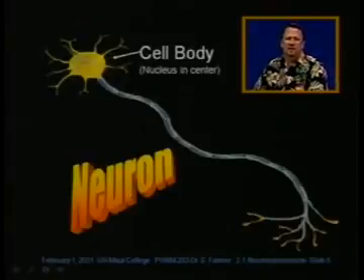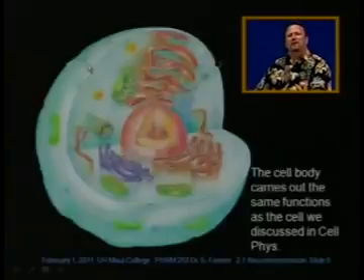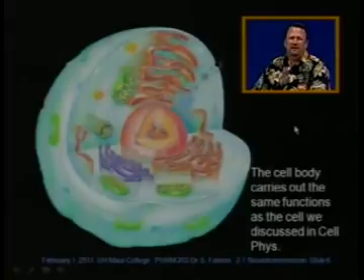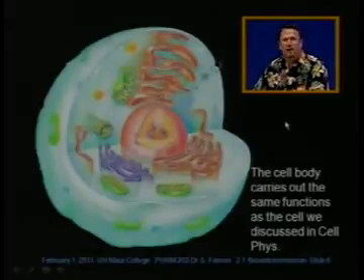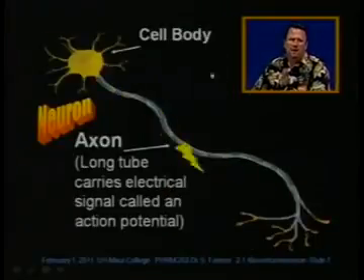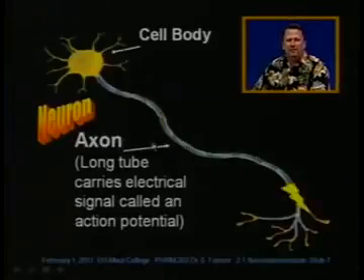And here is the cell body of the neuron. There's the nucleus in the center. And the cell body of the neuron carries out exactly the same functions as what we talked about in cellular physiology. And coming from the cell body is an axon.